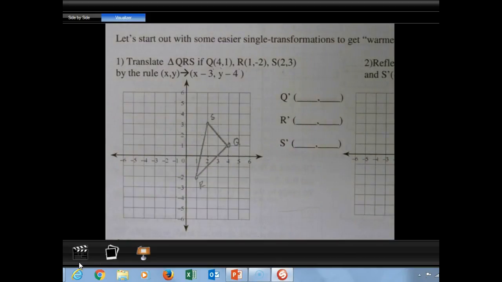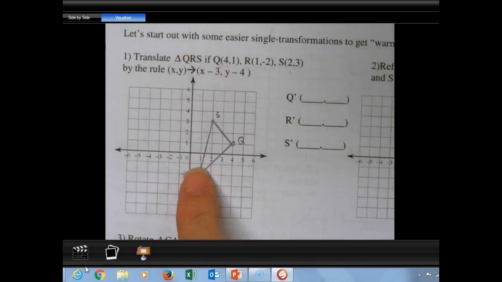I'll give you a moment or two to complete this original image. All right, so hopefully you have all completed your original figure.